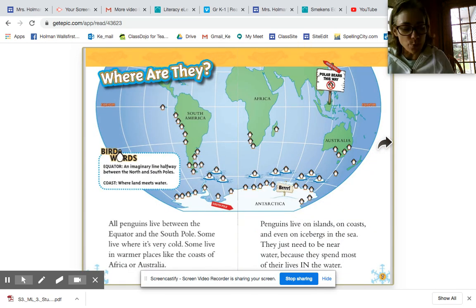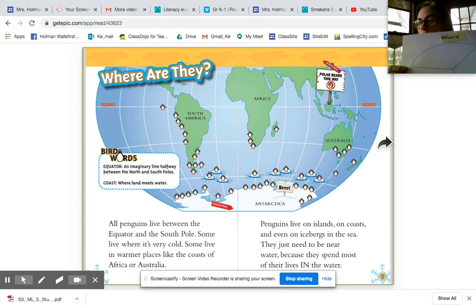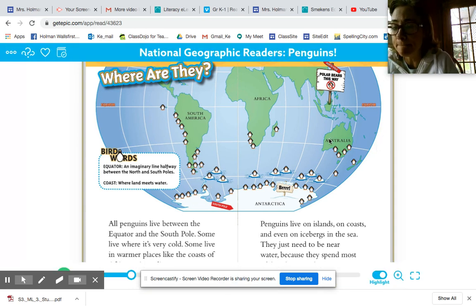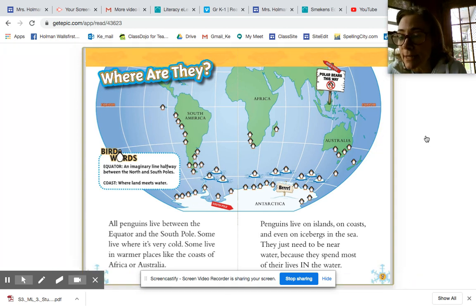This next one says where. So I'm going to pay extra close attention because I want to retell this part. Where are they? Bird words. An equator is an imaginary line halfway between the North and the South poles, and the coast is where land meets water.